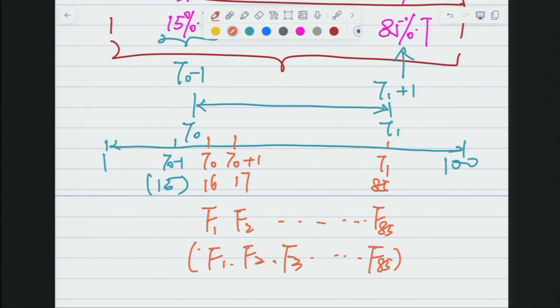The tau naught plus the tau 1 plus 1 correspond to 86. Starting from observation 86, we're going to trim them because that corresponds to the final 50% of our data set.